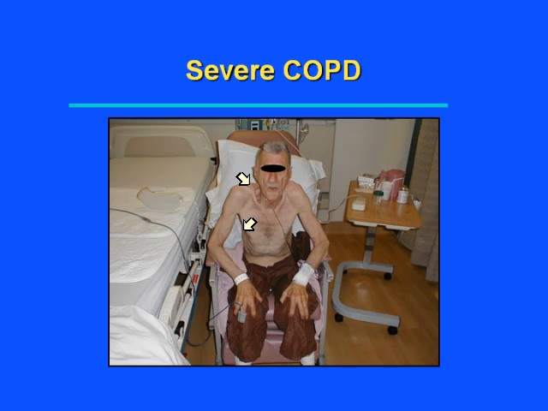Another interesting thing is look at the position of the patient's lips, and he's using that pursed lip breathing, which actually helps to provide some positive pressure and hold open the small airways that tend to collapse in exhalation with COPD.